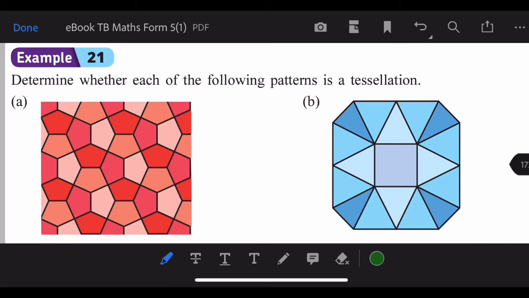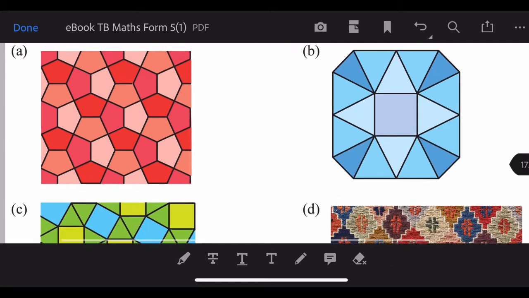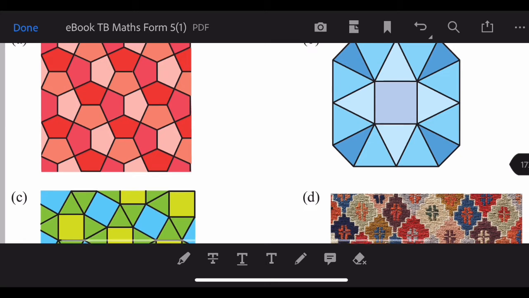It must be repeating the pattern, the shape, and there's no space between the shapes. It must be recurring and no overlapping.